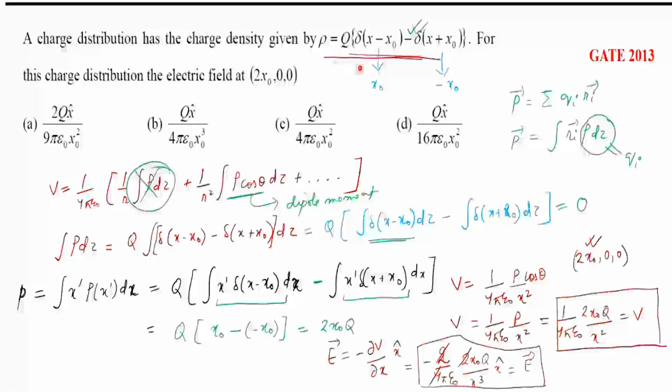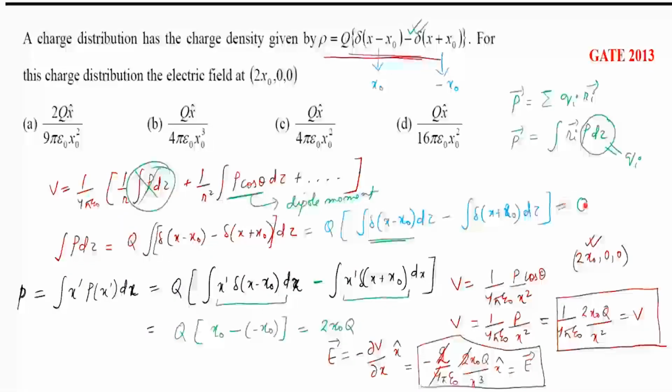So you are given a charge distribution. You are told to find the electric field at this point. So what we did was we used the dipole expansion formula. First, we calculate the net charge and we found out that the net charge is 0.